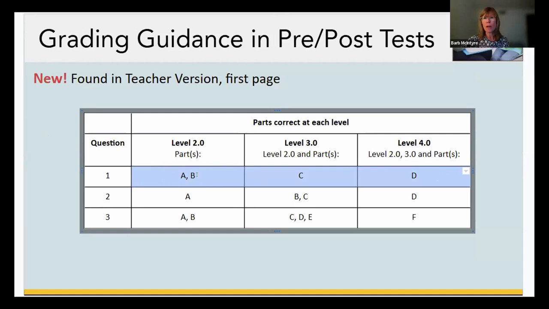Maybe they misread question A, but I can see evidence in their response to D that they really do understand that DCI knowledge. So maybe there was something in the wording of A that threw them. But if I see evidence in C or D that they have that DCI knowledge, I might not worry too much if they get one of these easy multiple choice early ones wrong.